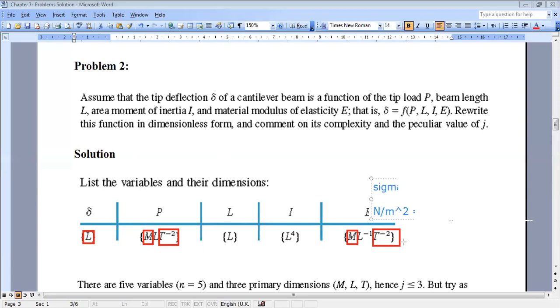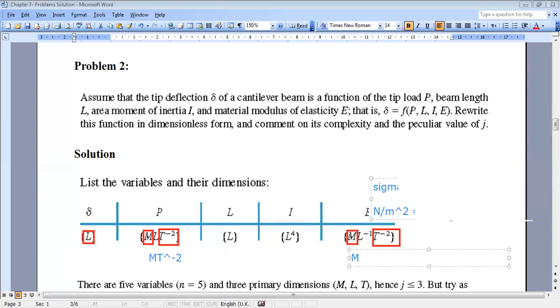Because they are repeated in the same way, you cannot say that they are independent dimensions. It's like, instead of having M alone and T alone, they are always appearing in one form, which is M T minus 2. This is why here we will not find 3 variables that cannot form a group.